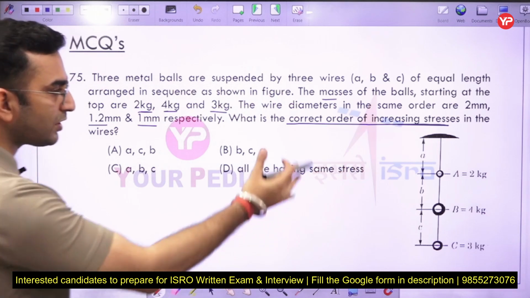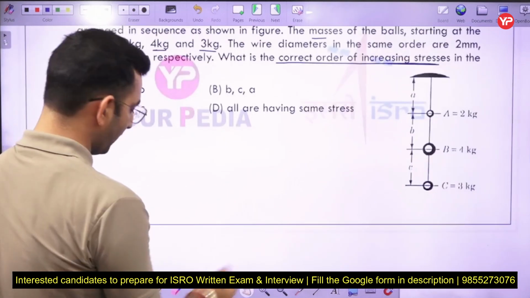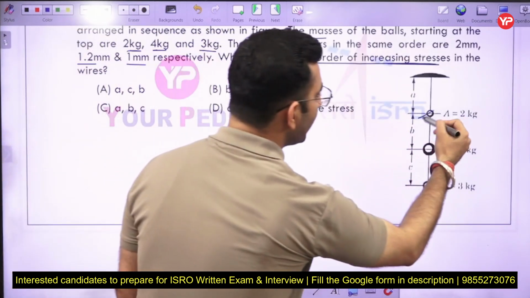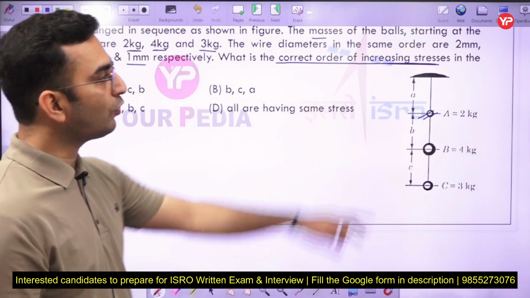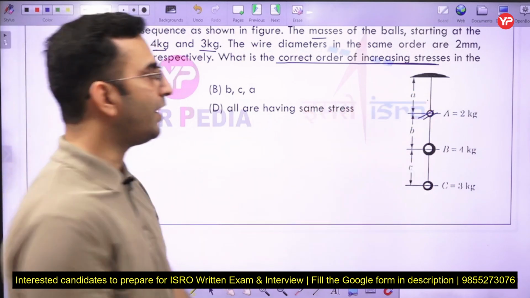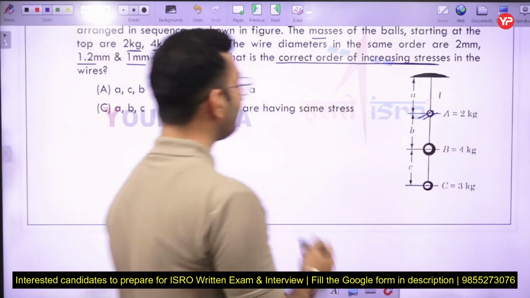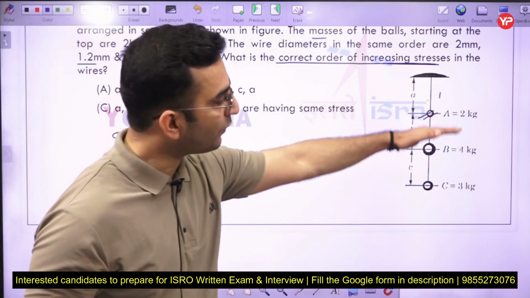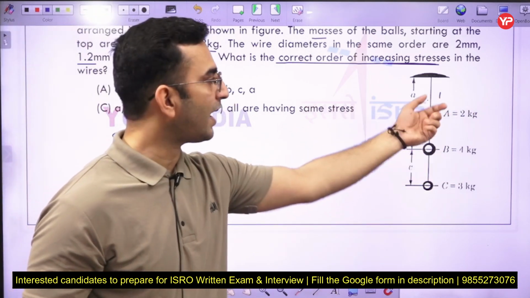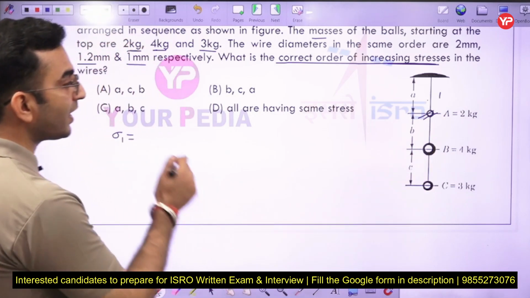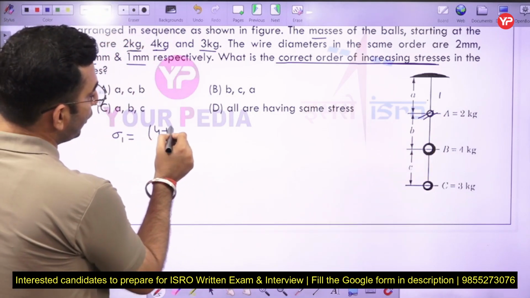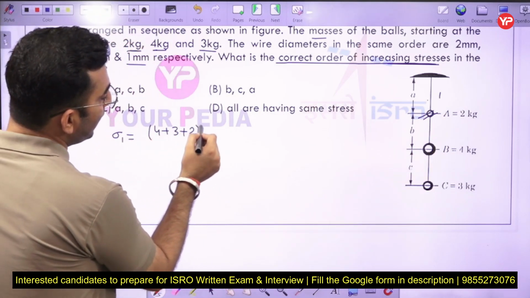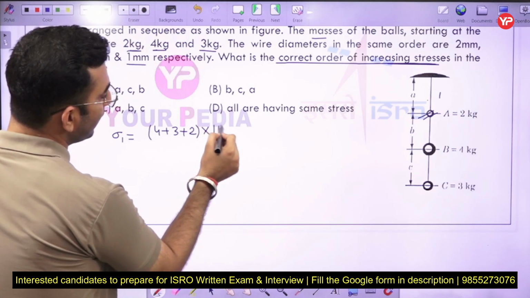Okay, so now just see the diagram very carefully. First of all, calculate the stress induced in wire number 1 due to the weights. Wire number 1 is holding all of these weights, which act at the bottom of wire number 1. So the total load acting over wire number 1 is the summation of these.